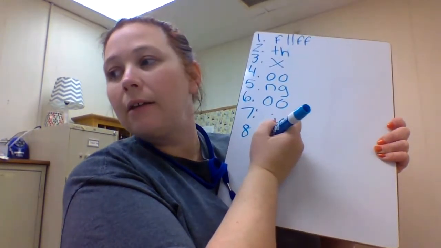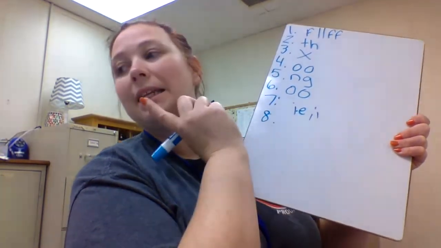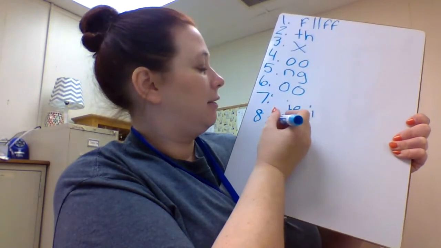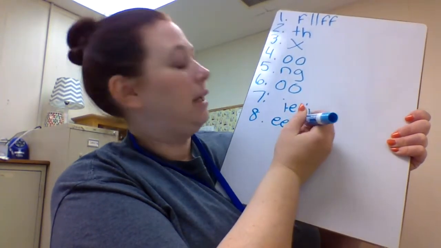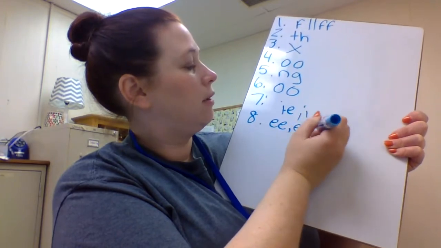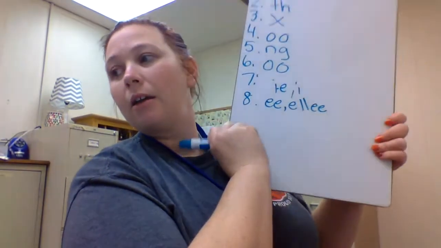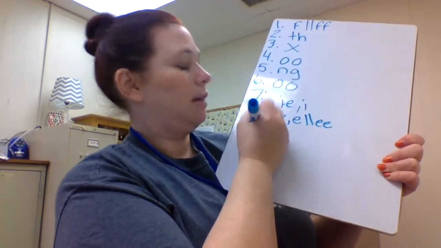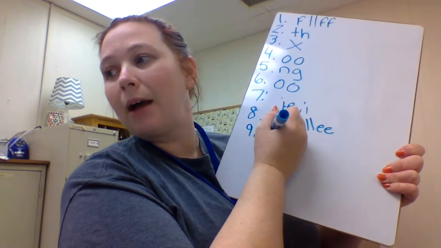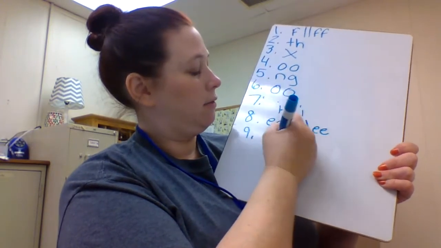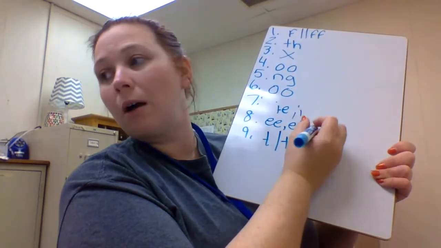Number 8, E. So we get E by double vowel E, comma, E, or as a final sound, EE. Right. Number 9 is T. We get that by T, or final sound, T, comma, ED.